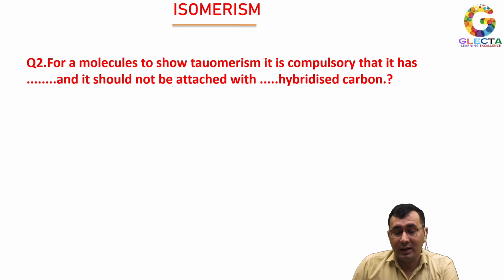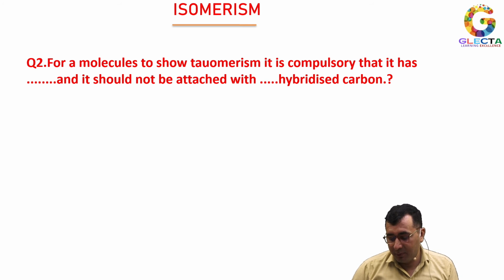Now the next one is a very interesting question. For a molecule to show tautomerism, it is compulsory that it has free alpha hydrogen, and it should not be attached with an sp2 or sp hybridized carbon.